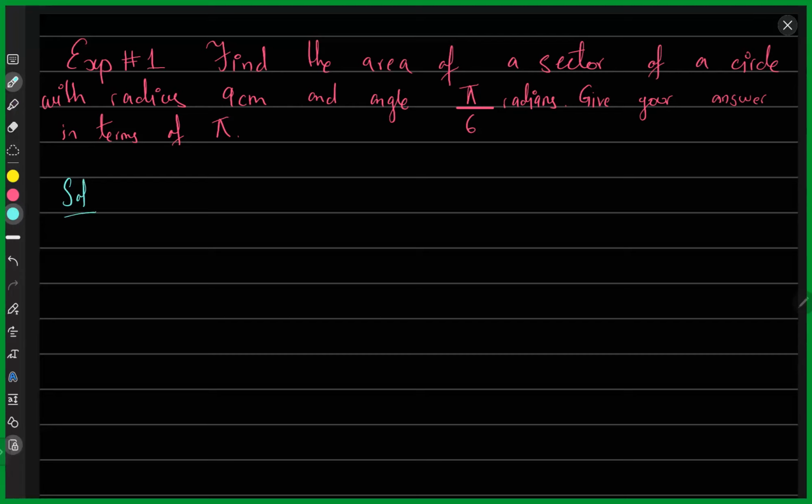It's very simple. So you have been asked to find the area of a sector of a circle with radius 9 and angle pi by 6 radians. Okay, so the question was about area of sector. Area of sector is equal to 1 by 2 r squared theta whenever your angle is in radians.